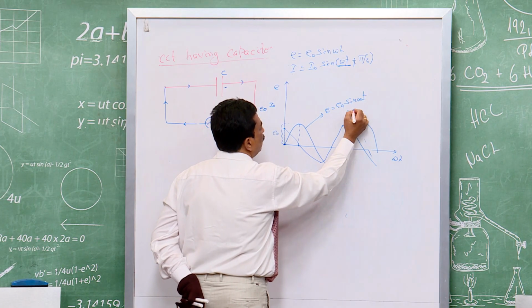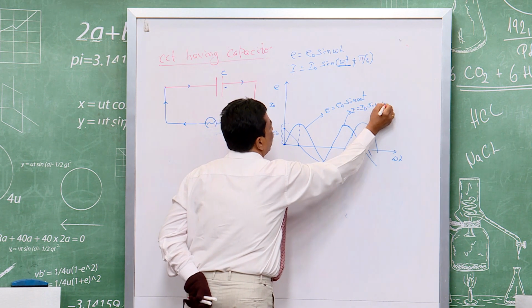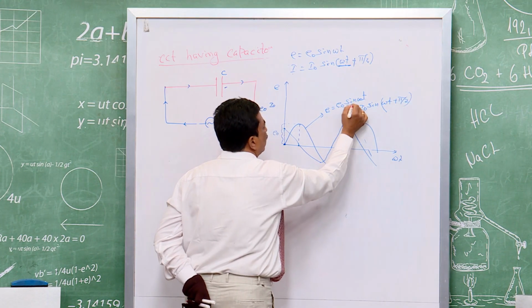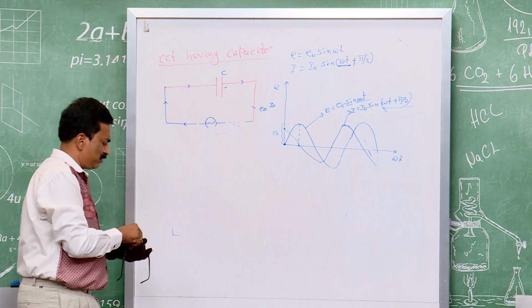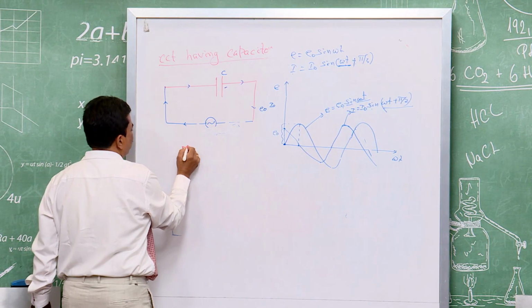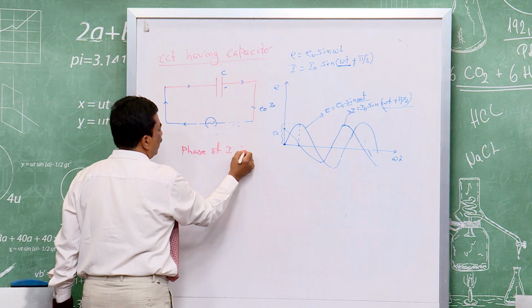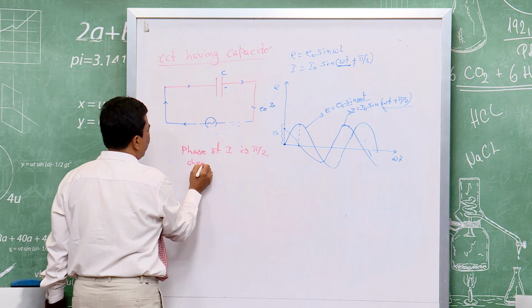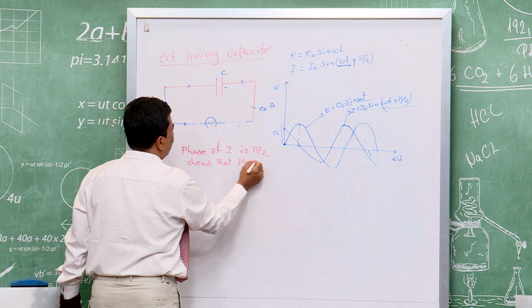So this one will be I is equal to I0 sin(omega t plus pi by 2). Here sin of omega t, and here sin of (omega t plus pi by 2). Therefore, the phase of I is pi by 2 ahead of the phase of E.